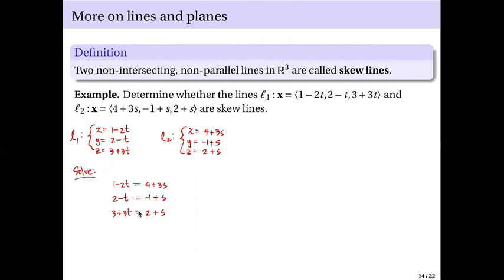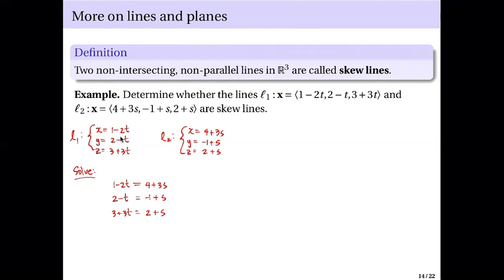So these three equations here tell us that their corresponding coordinates, x here equal, y here equal, z here equal. But we don't want that to happen. We don't want all the coordinates to be equal correspondingly. We don't want our x to be equal to x here when y's and z's are equal.